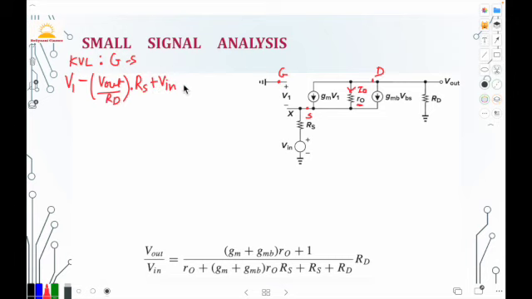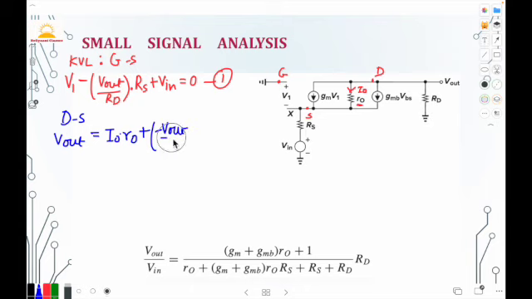So this is our first equation. From drain to source, V out equals the current flowing through R naught, I naught R naught, plus the negative current, minus V out upon RD times RS, plus V in. So this is our equation 2.